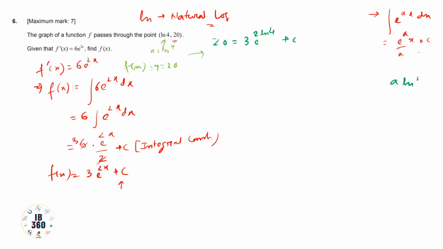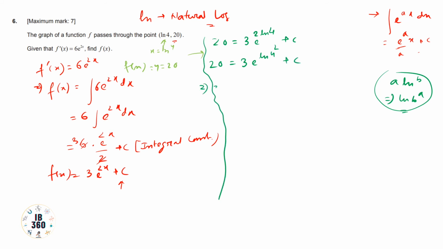We know a ln b equals ln b to the power a, so we will use the property here. So 20 equals 3 e to the power ln 4 to the power 2 plus c. So from here we get 20 equals 3 e to the power ln 16 plus c.